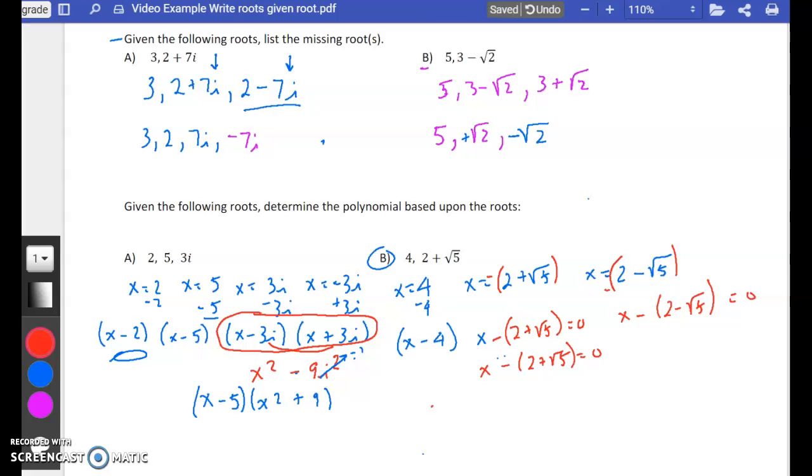So my factors are x minus 4, x minus 2 plus root 5, and x minus 2 minus root 5.